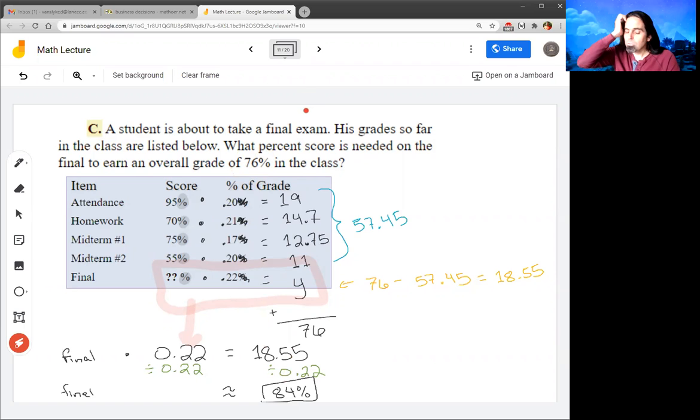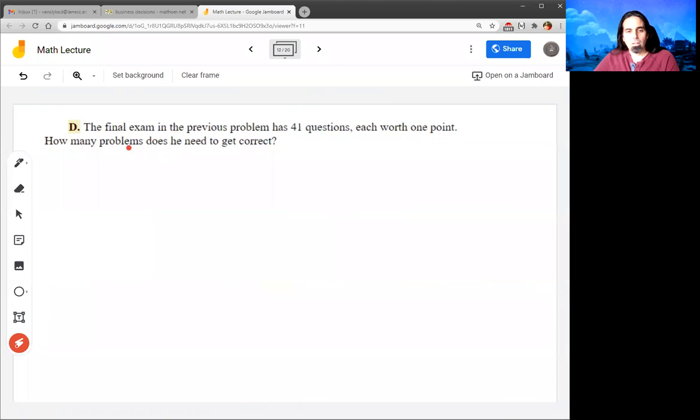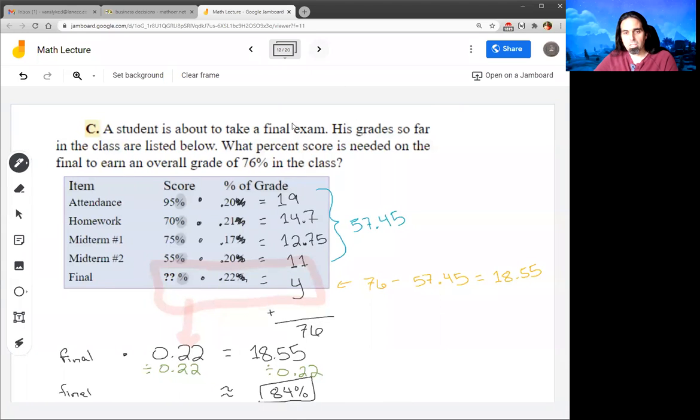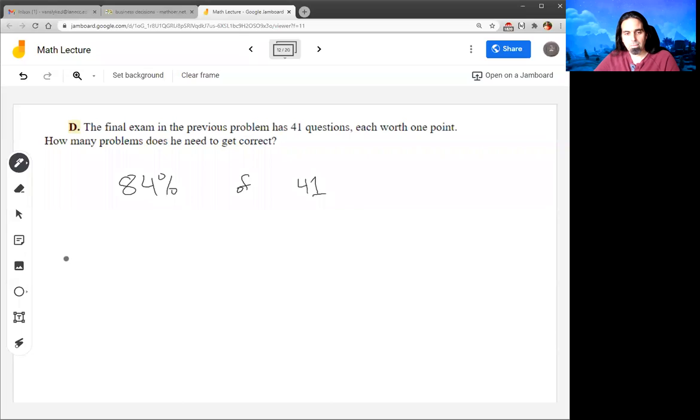Because of the way the tests work, this is a lot of work for one problem. So there's a follow-up easy question. The final exam in the previous problem has 41 questions, each worth a point. So if we want to get 84% of 41, we need 84% of these 41 right.